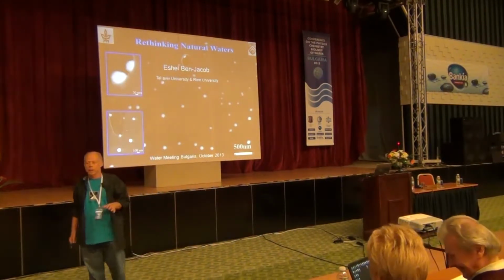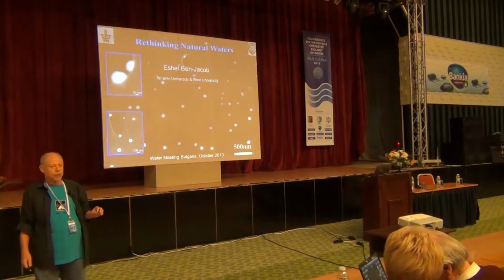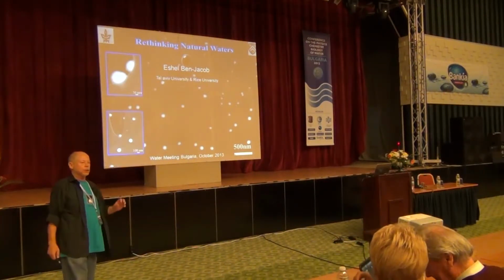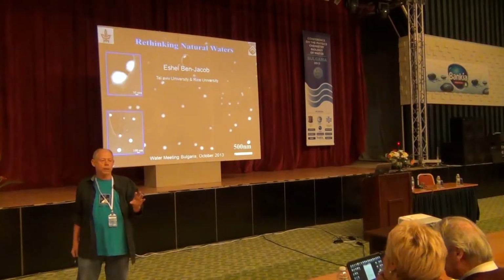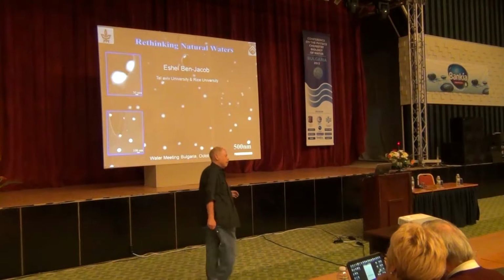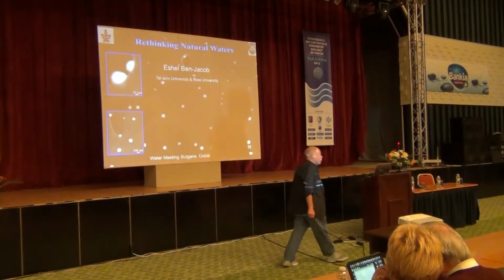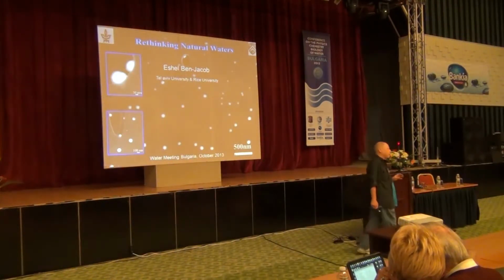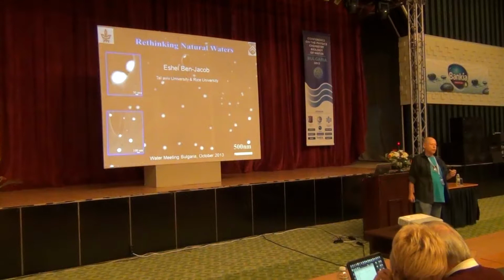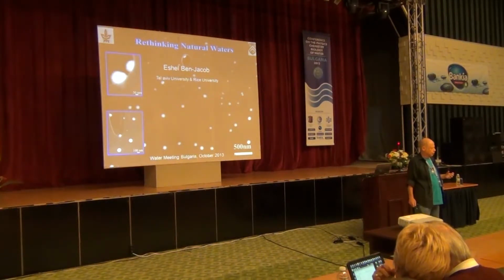We did a study, and we were surprised to discover that natural water contains nanoparticles at a density that is not high but significant, about 10 to the 12 particles per milliliter, which means that the distance between them is of the order of half a micron to 1 micron.